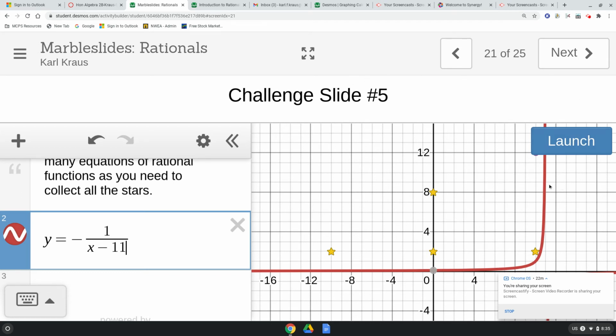All right, now I could catch the ball here, but I got to get this star here.